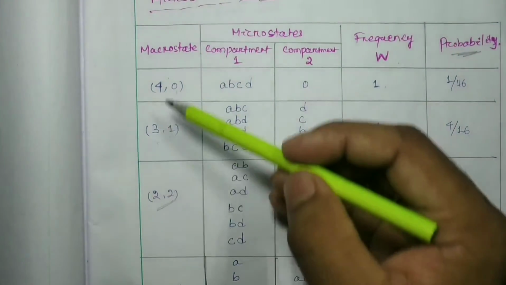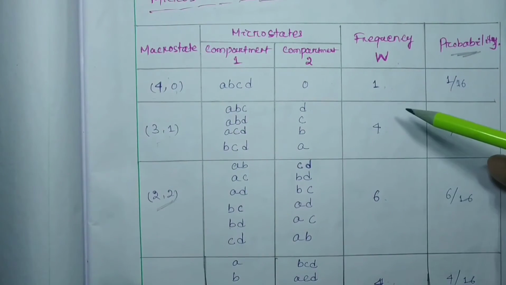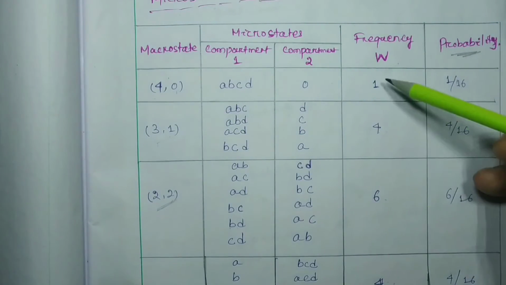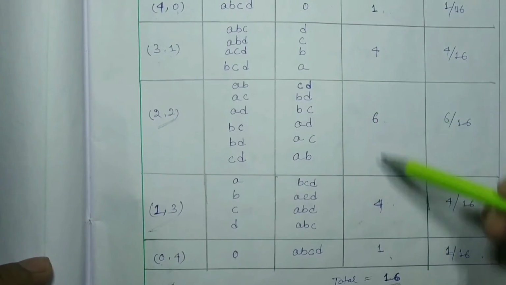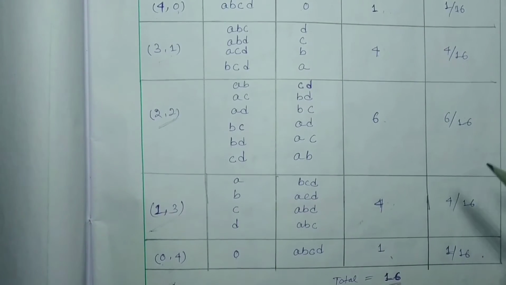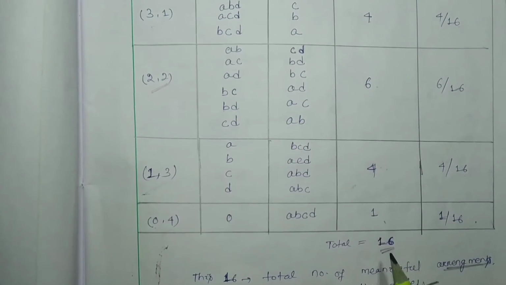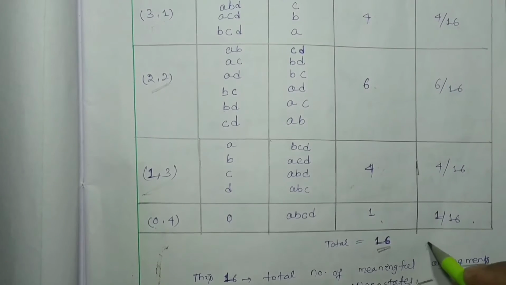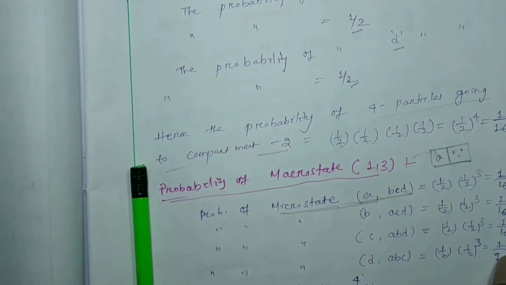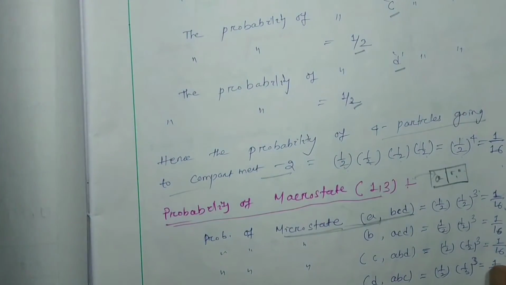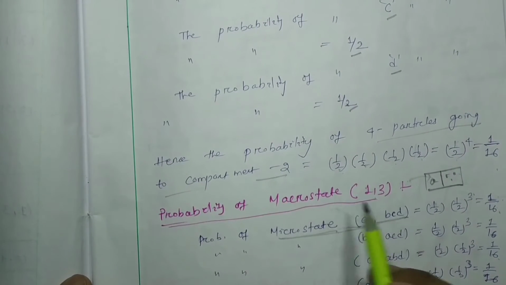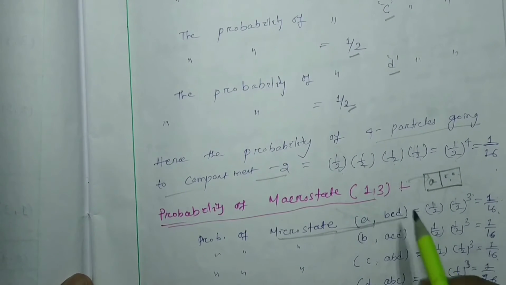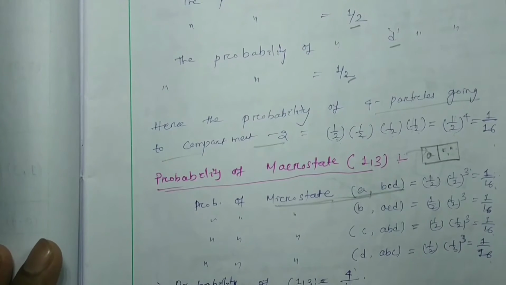Here each macrostate's corresponding microstates are these. Total number of microstates we found 16, or 2 to the power 4, and you can check it. Here you can find the probability of macrostate (1, 3). How much did we find?